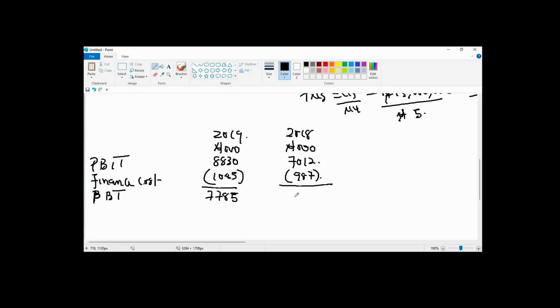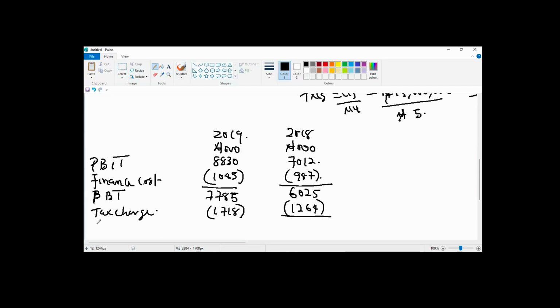This 6025. Then I will now say the tax charge, which is 1718. Then 1264.